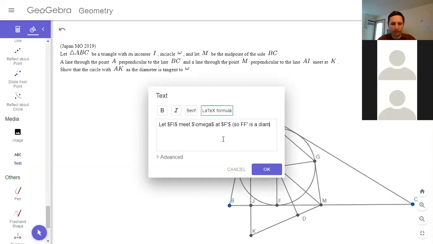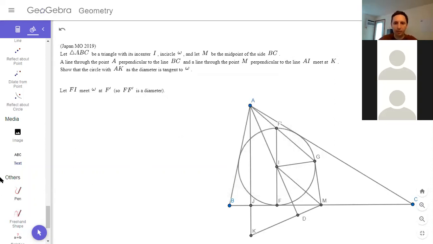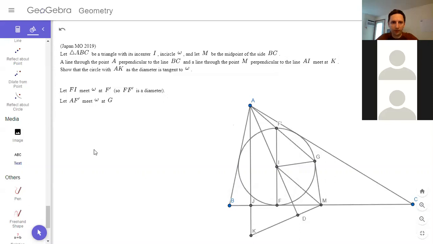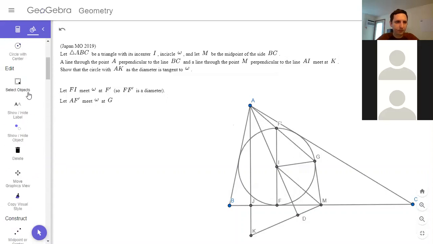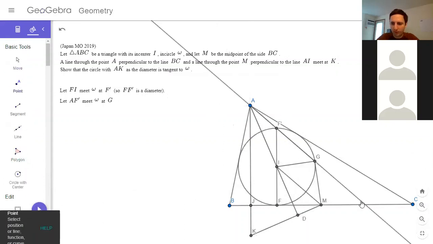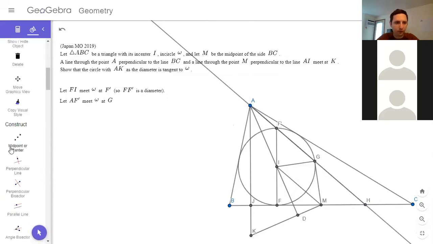So F prime is a diameter. All right. And let AF prime meet omega at G, and it meets BC at H.